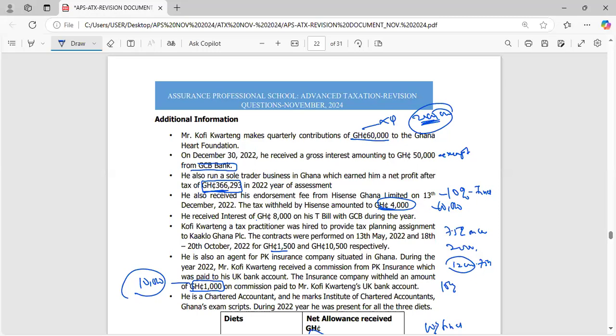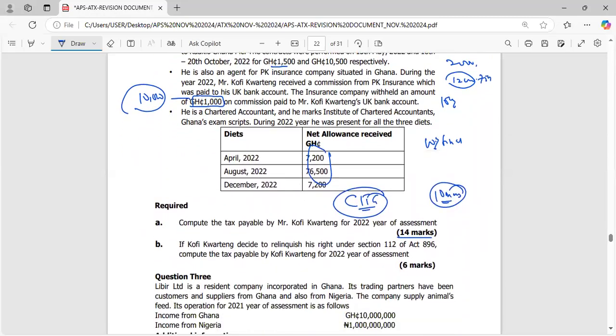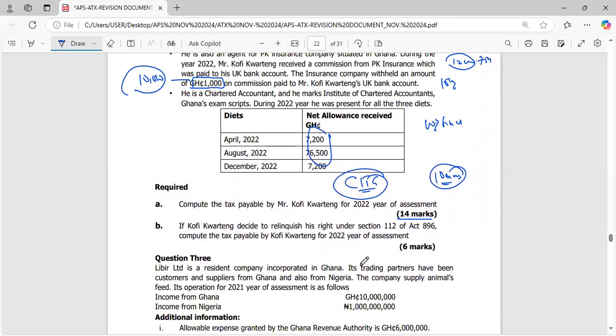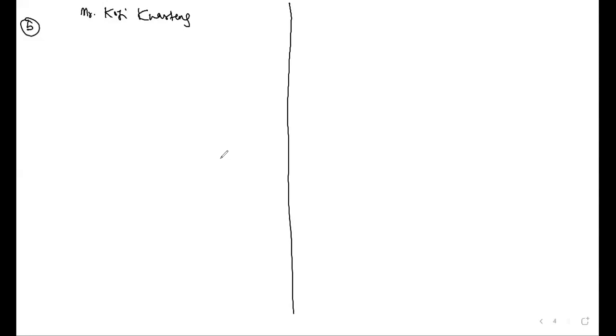So it means that the tax he paid in the foreign country will be given to him as a deduction. We have done the first part already. So we take our chargeable income, then less the foreign tax paid. Whatever amount we get, we tax that using the graduated rate. That's all.